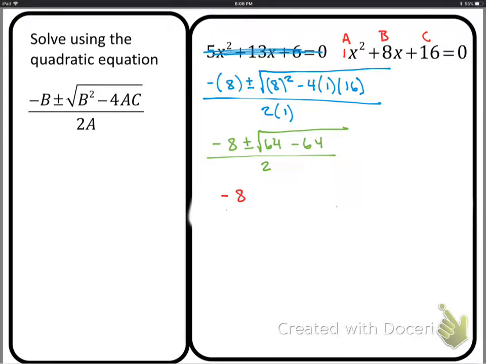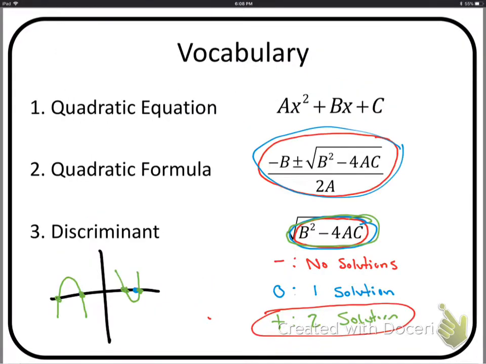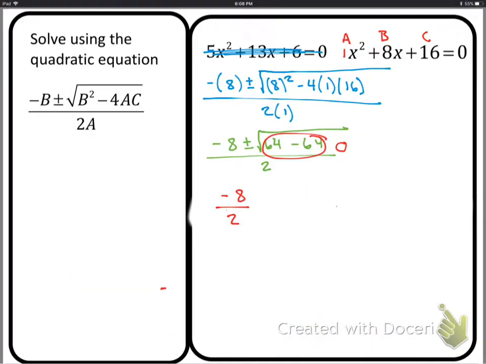So that's negative 8 plus or minus the square root of 0, but we don't need to write that, so the discriminant goes away. And remember, if the discriminant is 0, we should have only one solution. So all we have left is negative 8 divided by 2, which gives us negative 4 as our x-intercept. So x equals negative 4. We just have that one solution, we don't have a plus or minus.